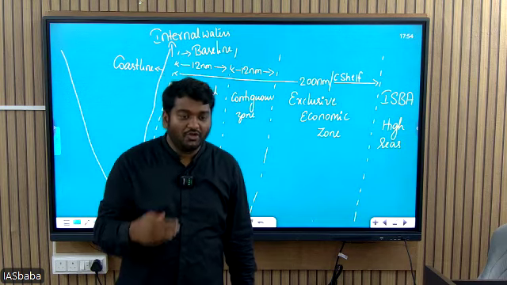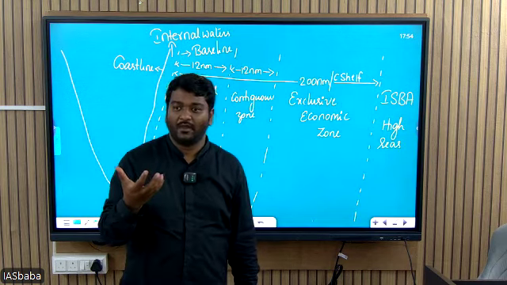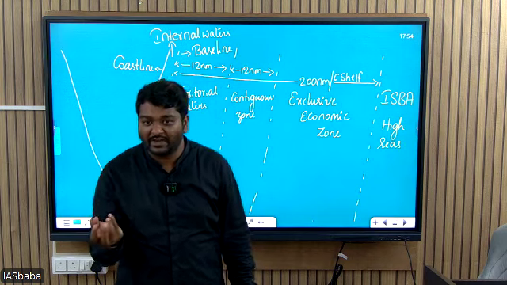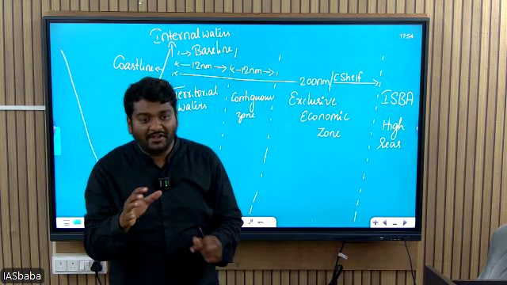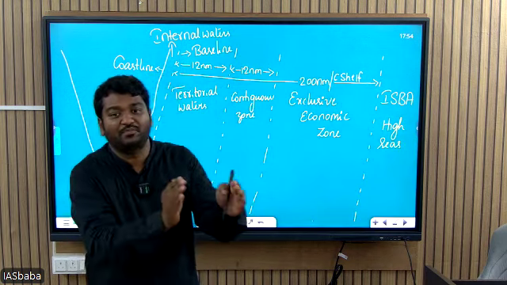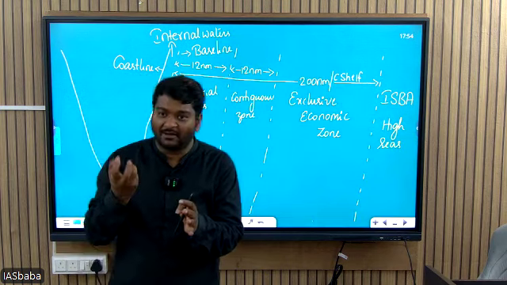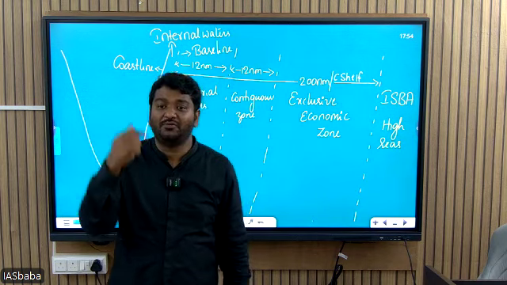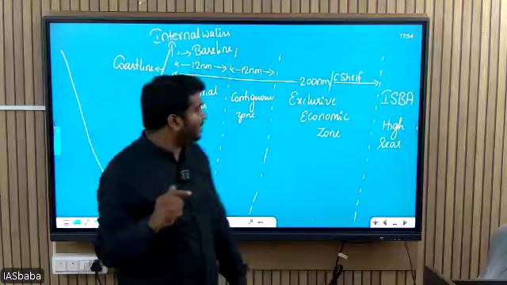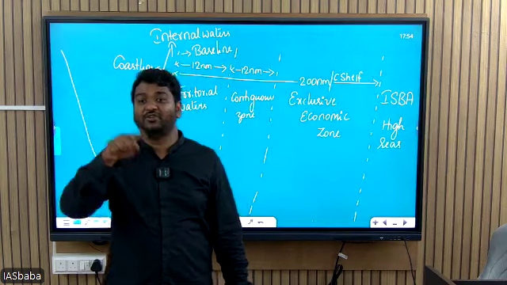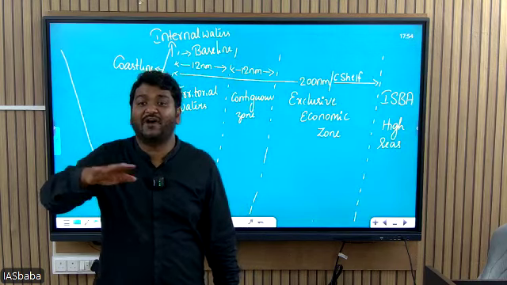They will tell you, go and extract. Whatever minerals you get, you extract and give some royalty to me. So let's say if India extracts any mineral, we have to give money to ISBA, right? And ISBA will utilize the money for maintenance of the high seas.